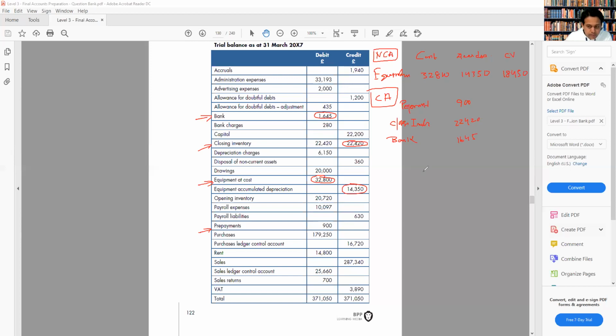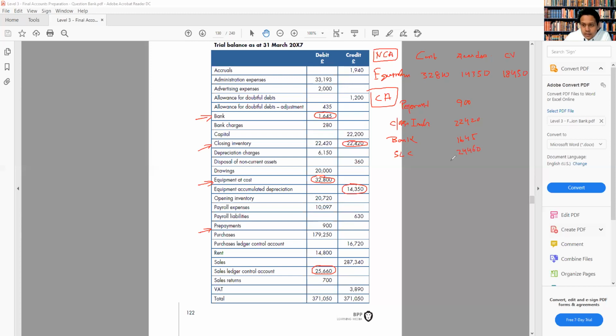And what else do you have? Trade receivables or sales ledger control. We already calculated that before: 24,460.